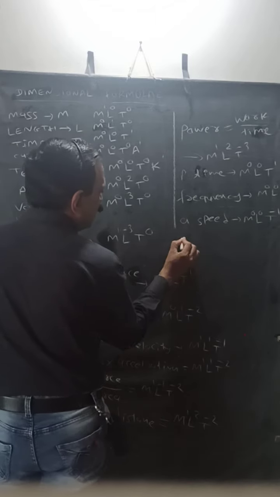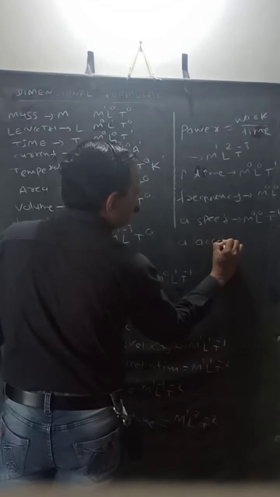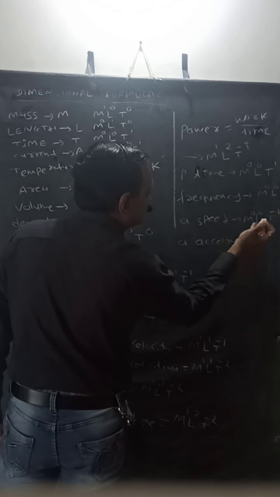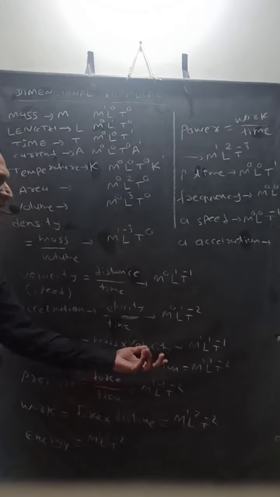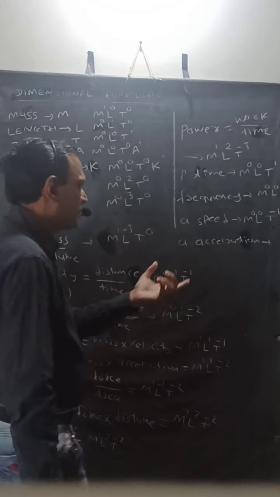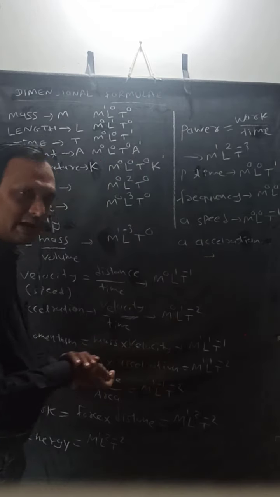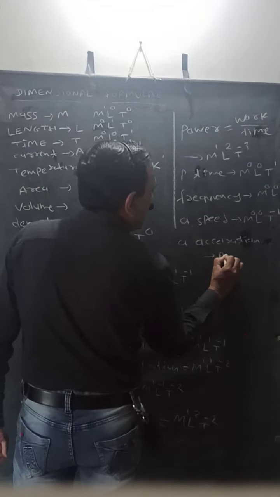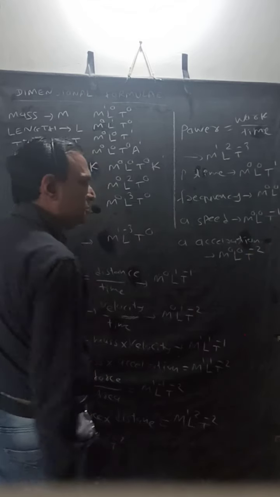Angular speed, then angular acceleration. Another time is in the denominator, so dimensional formula of angular acceleration is what? M0 L0 T minus 2.